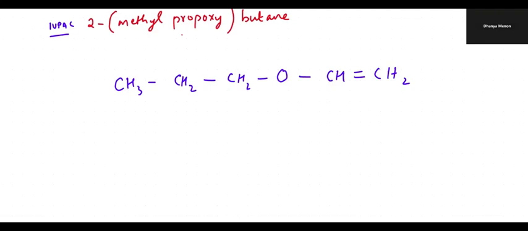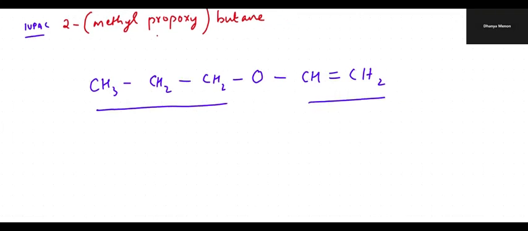Coming to the next question. Here, on one side we have a long chain, and here we have a double bond, right? So definitely this will be our main chain because this has a double bond. We have discussed earlier itself. So while numbering, this will get the first position and this will get the second position.